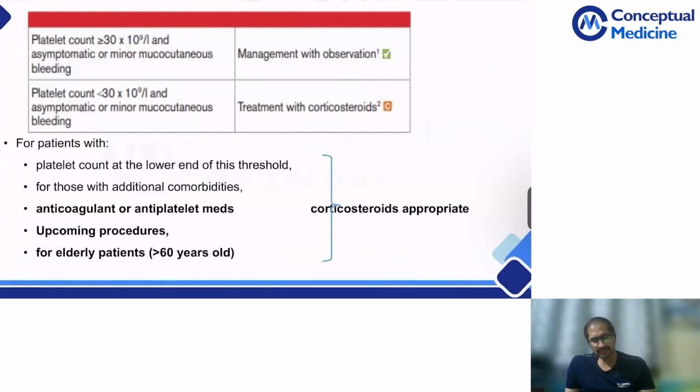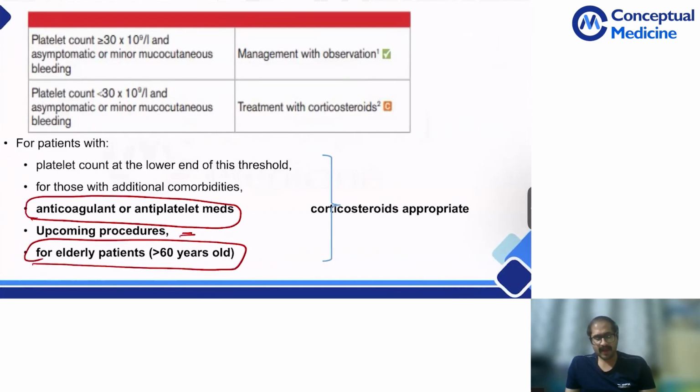For patients beyond this threshold, mainly patients on antiplatelets or anticoagulants, elderly patients beyond 60 years of age, or ITP patients awaiting procedures even if the platelet count is more than 30,000, you can exceptionally treat them with corticosteroids. Otherwise, the tradition is: more than 30,000, don't treat.